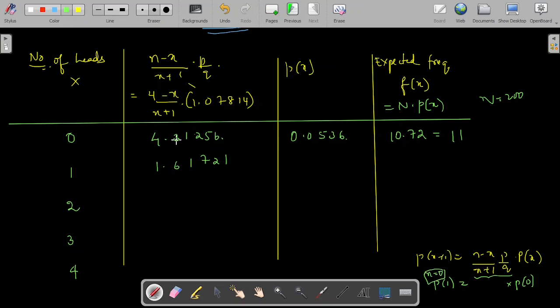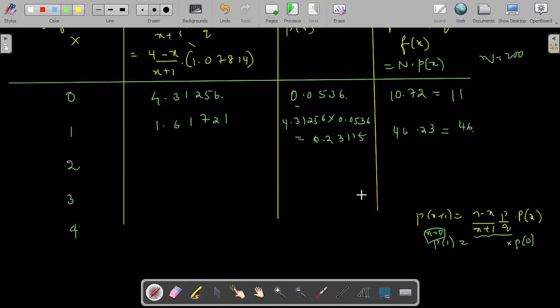For x equal to 0, the value of the expression is 4.31256 into P of 0, that is 0.0536. After simplifying these two, we'll get 0.23115. Then multiply this with 200, that gives you 46.23. Round it off, which is equal to 46.